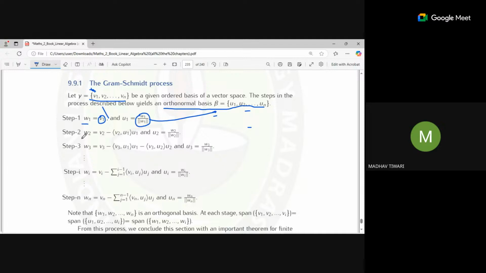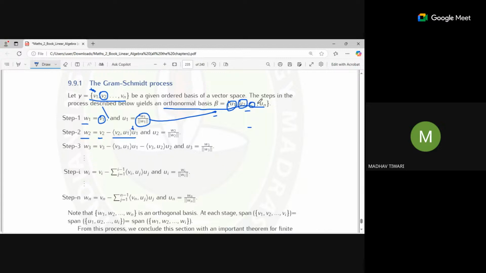Next is W2. W2 is taken after removing its projection on U1, where U1 is this orthonormal vector. Remove the vector's projection on this vector, and whatever you get is W2. If you divide it by its norm, you will get the second vector. How can you get your third vector?